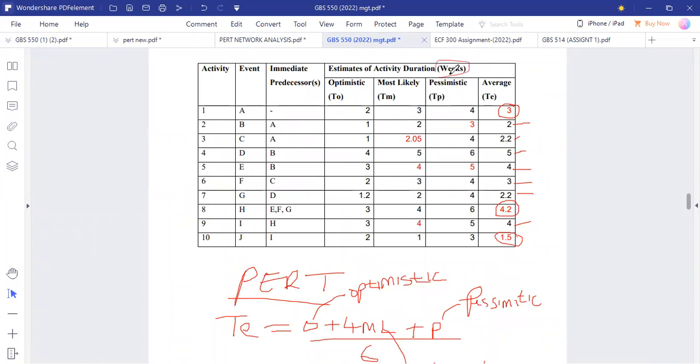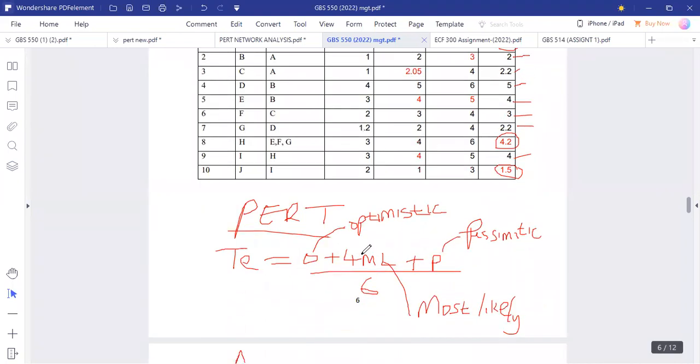These are in weeks. So A is taking 3 weeks, B is taking 2 weeks, C is taking 2.2 weeks, D is taking 5 weeks, E is taking 4 weeks, F is taking 3 weeks to be completed. They have given us these in weeks. So if you're constructing a house, maybe the foundation is taking 3 weeks.